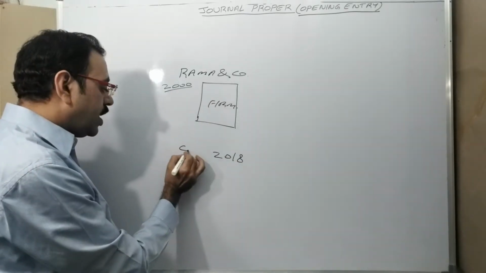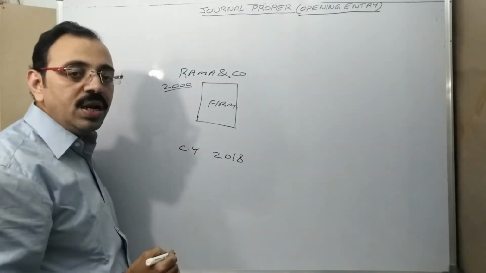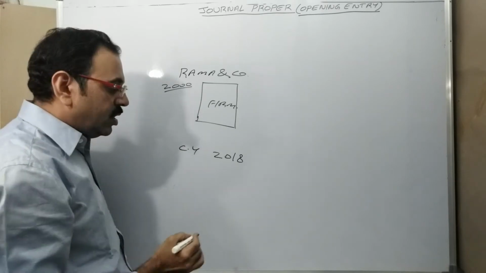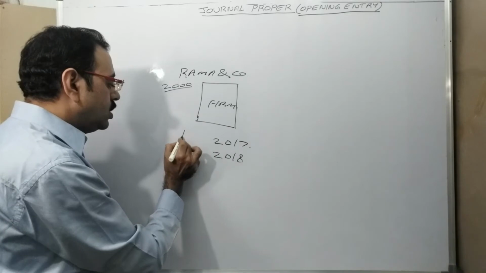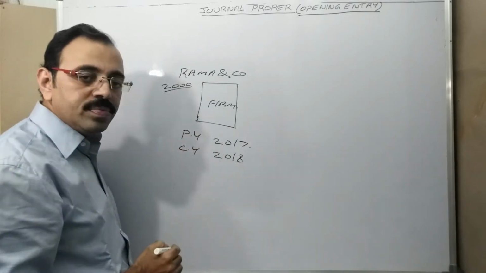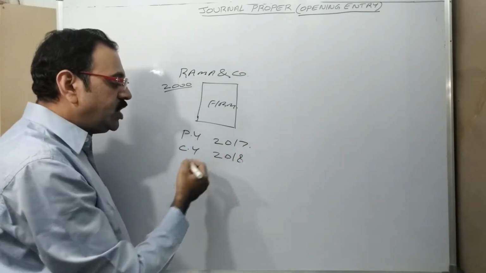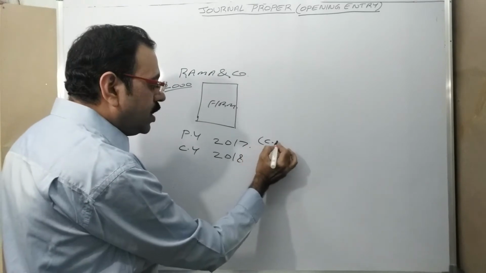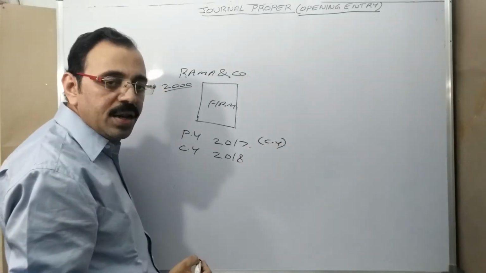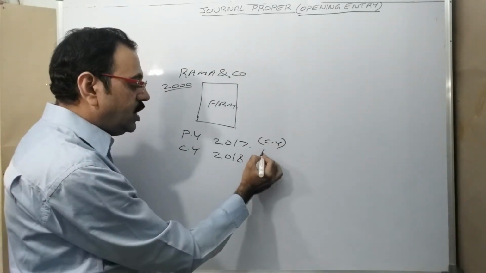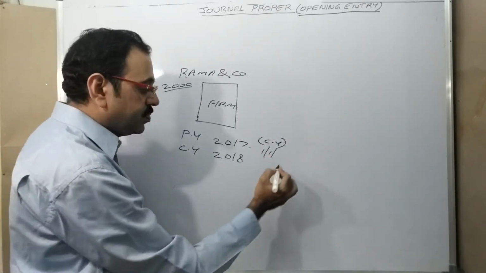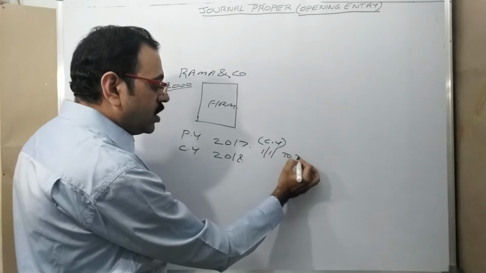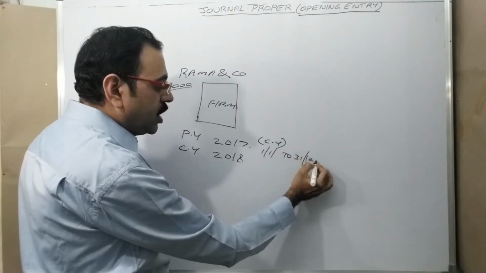So our current year is 2018. Then what is our previous year? 2017. Assume that firm is following calendar year. Calendar year means from when they start their accounts: from 1st January till 31st December.